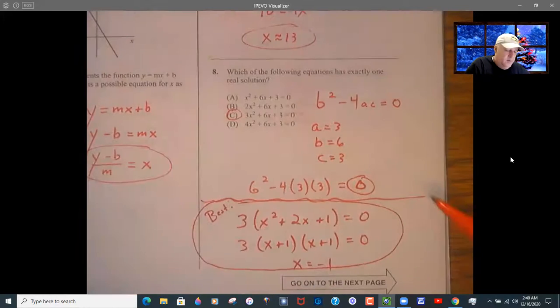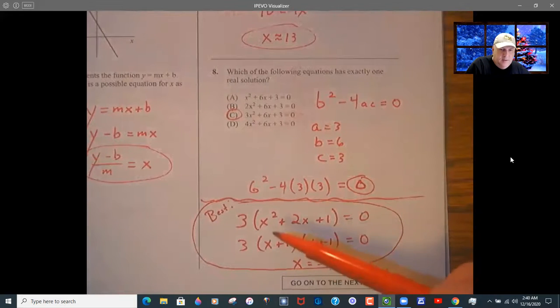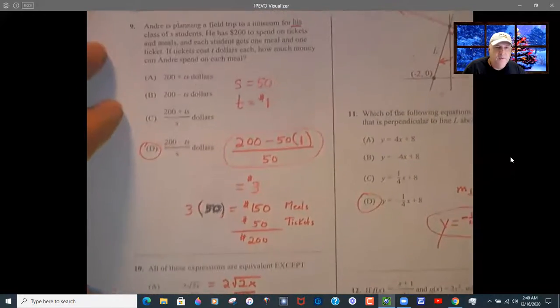So that's probably what you're most familiar with. But you have to answer the question. So you get -1 twice. It's really only one solution. Or you can do the discriminant out for each one. So probably the factoring is going to get you the best answer.